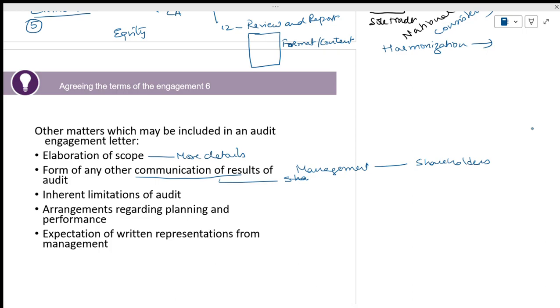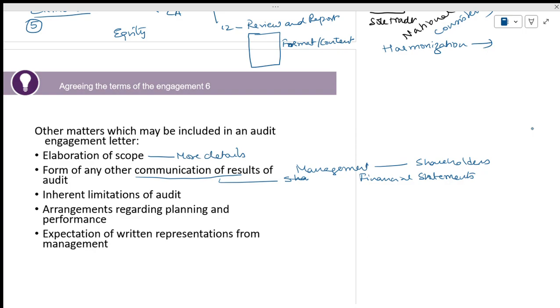This is only pertaining to the financial statements. You should make sure about any other communication. We should not keep any other channel, very simple. Only one channel to the people who are charged with governance.